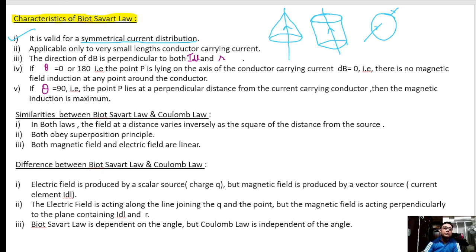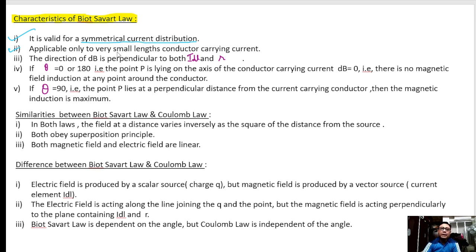So please keep note: Biot-Savart law is used only for symmetrical current distribution.